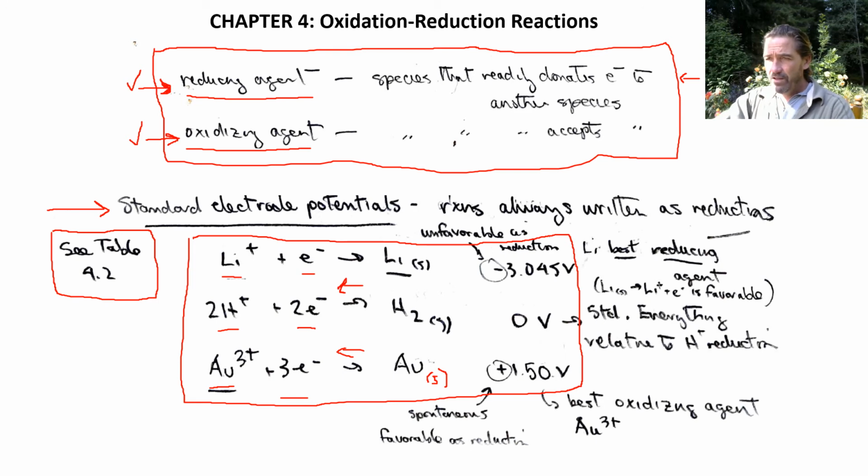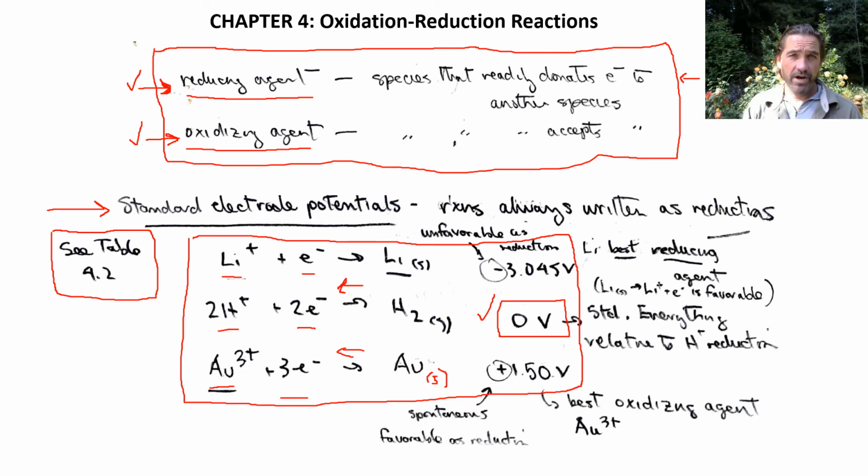So what we have in these tables are different values, and they are all relative to what we call the standard hydrogen electrode, where we have hydrogen ion plus 2 electrons going to hydrogen gas. By convention, we have called that 0.